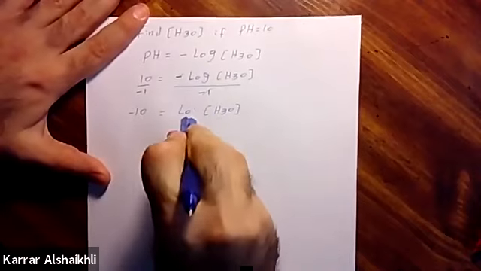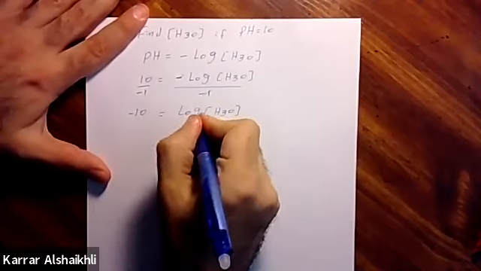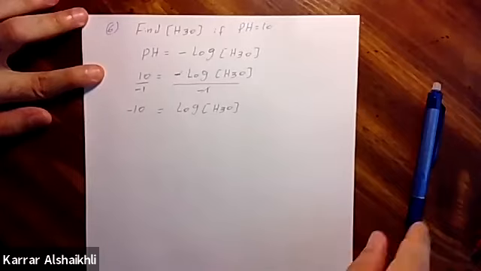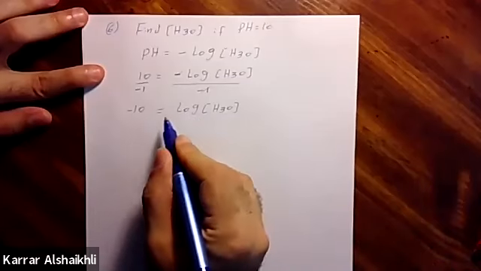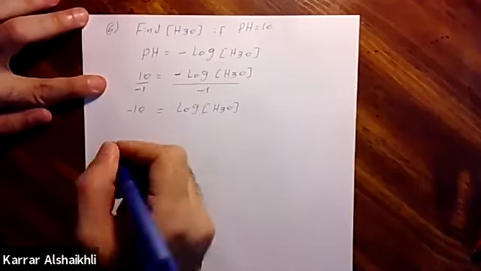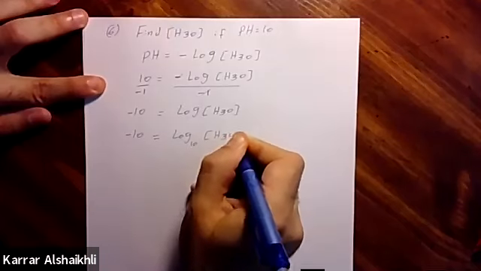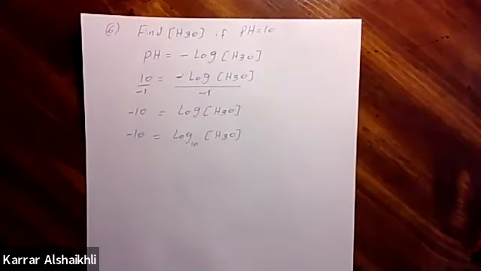Now, here's the important part. If there is no base, that means the base here is 10. So I'm going to say it's -10 equals log to the base 10 of H3O. Okay. Now who's going to tell me the next step?